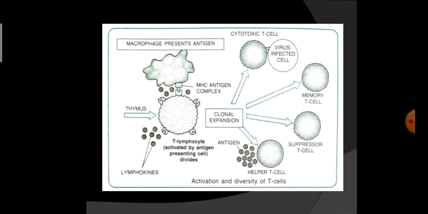Suppressor T cells inhibit the immune response by releasing cytokines that suppress the activity of other T cells and B cells. Next are helper T cells, which help in activating the other cells, B cells and cytotoxic T cells.